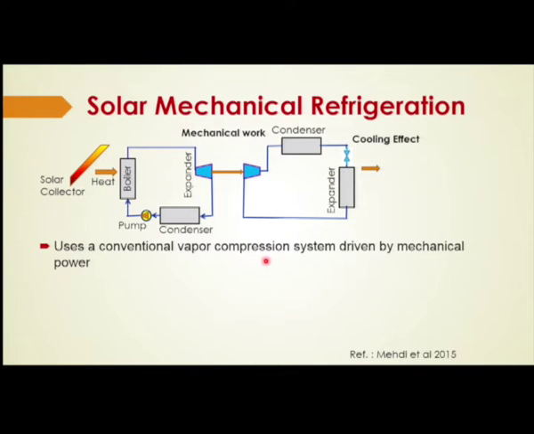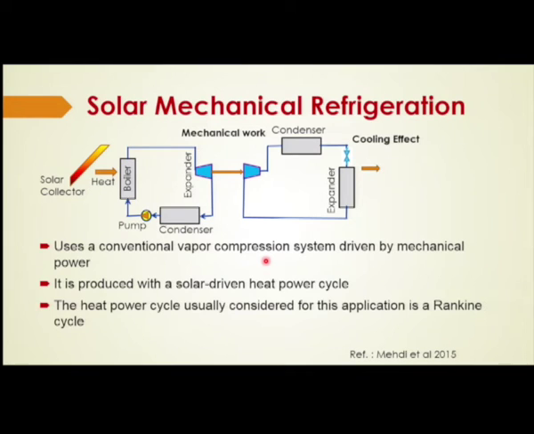So, it uses a conventional vapor compression system driven by mechanical power. It is produced with a solar driven heat power cycle. Most of the solar mechanical refrigerations operate based on the vapor compression cycle principle.